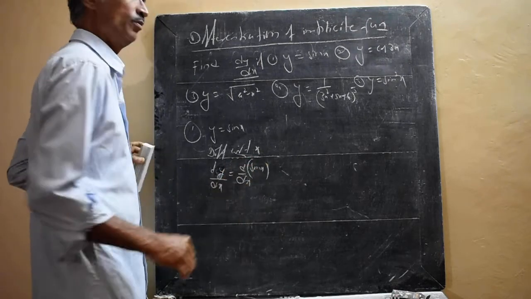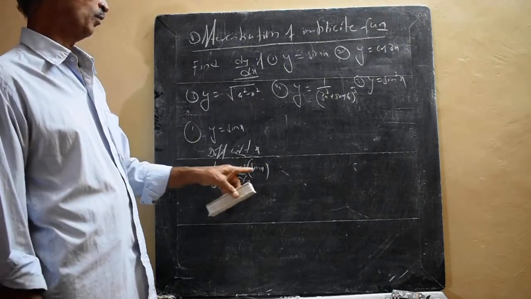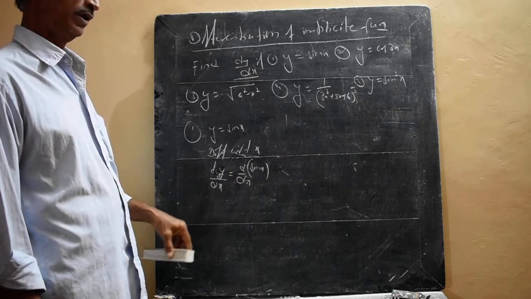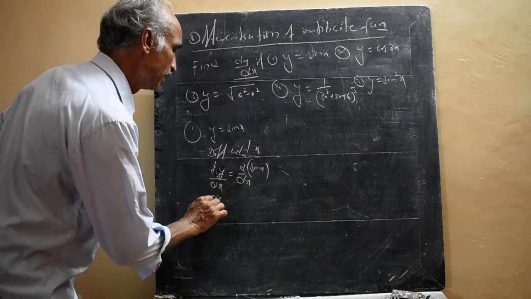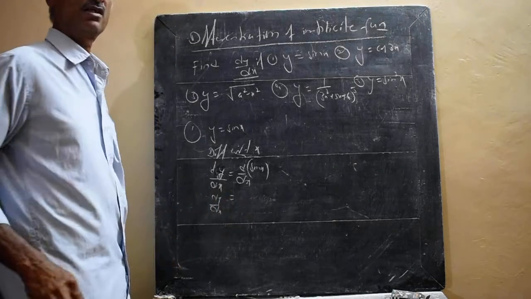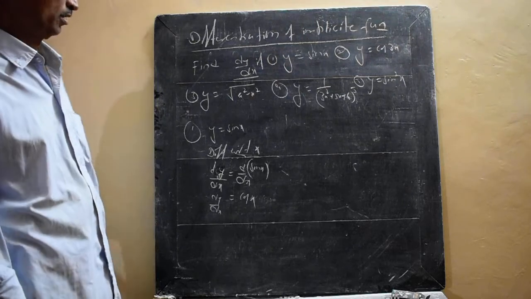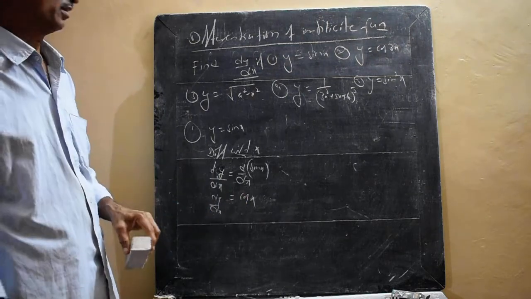In bracket sin x you put, that will be better than simply without bracket, but here only y is there, no need of putting the bracket. Therefore dy by dx, what is the derivative of sin x? It is cos x. Therefore dy by dx is cos x.